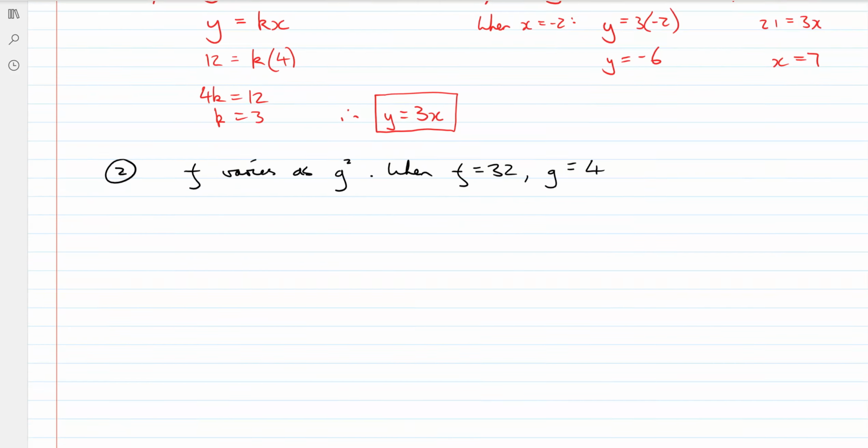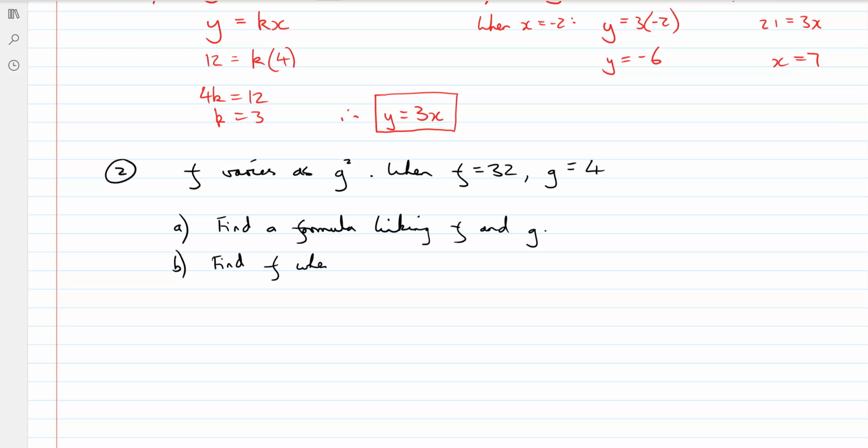So f varies as g squared. When f equals 32, g equals 4, part A is going to be find a formula linking f and g. Part B, find f when g equals 2. And part C, find g when f equals 128.